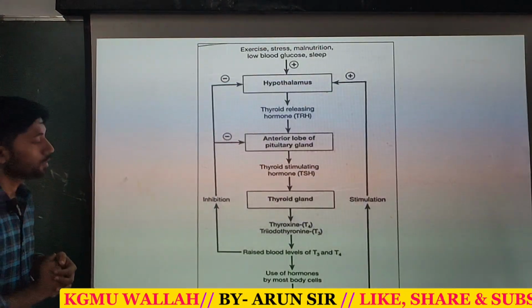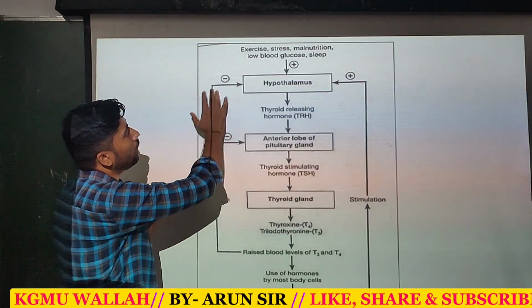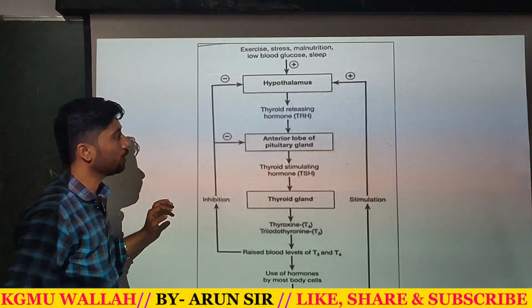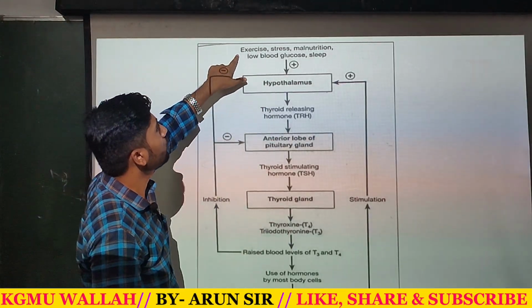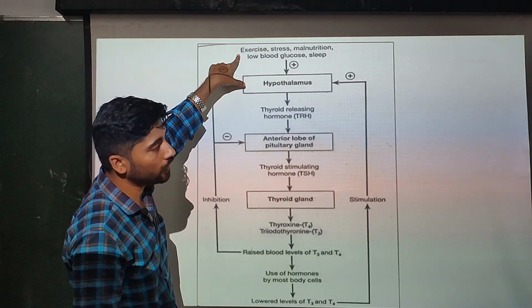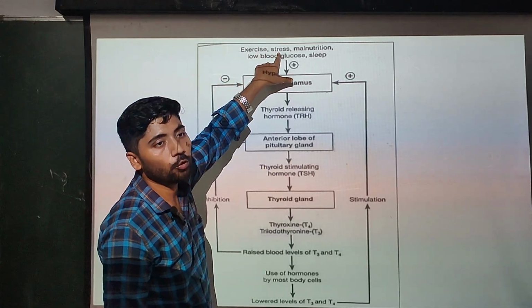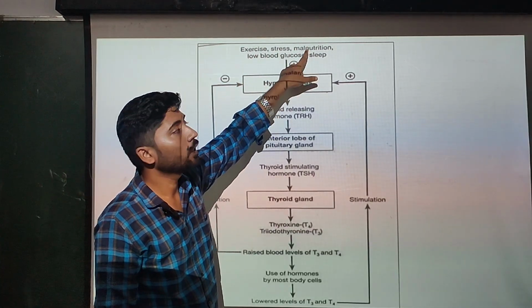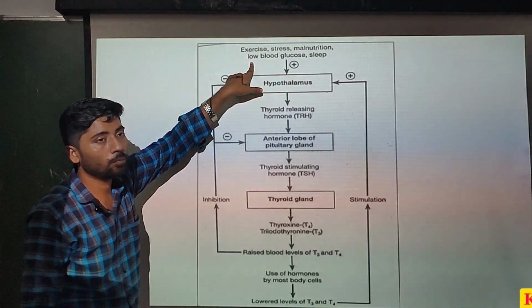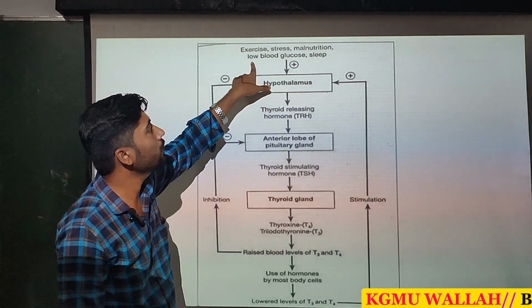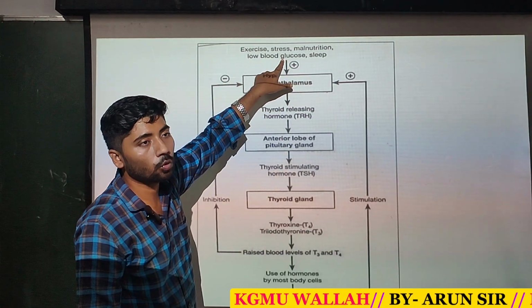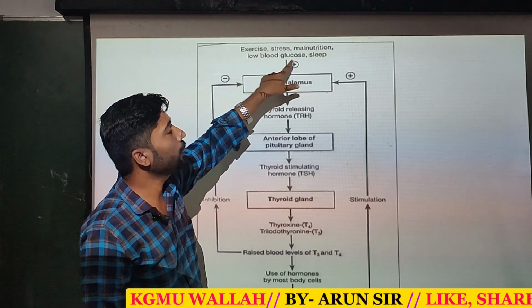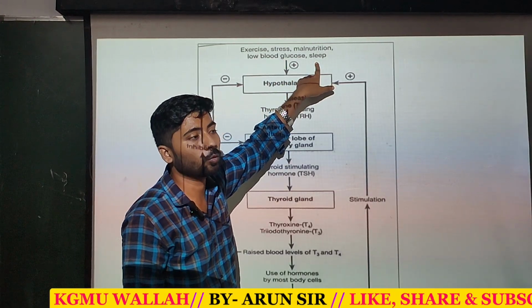Next, let's discuss with the help of a diagram, flow chart. If you are doing exercise, or you are in stress, it may be you are malnourished, and it may be blood sugar level in your blood is low, means glucose level is low, and it may be you are in sleeping mode.